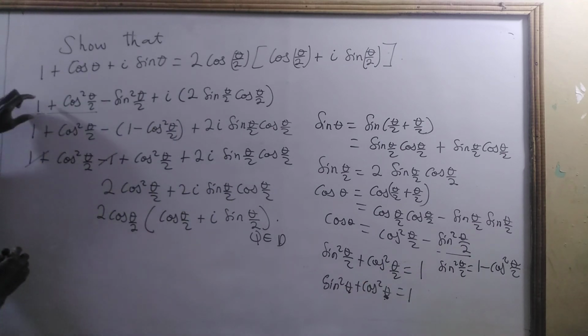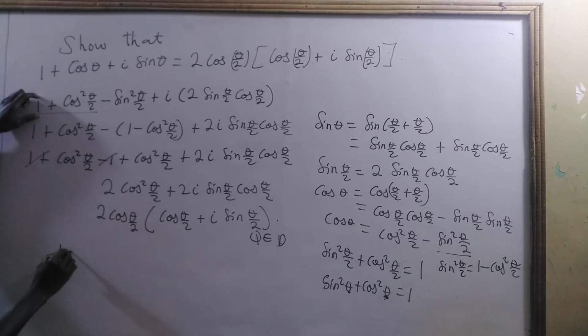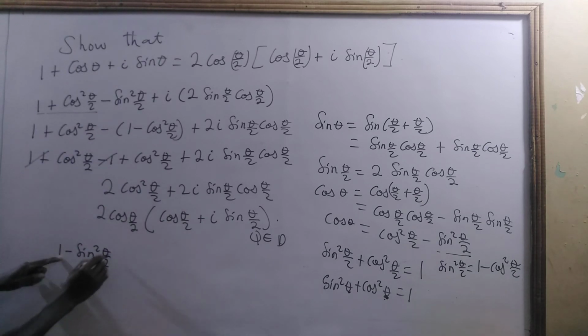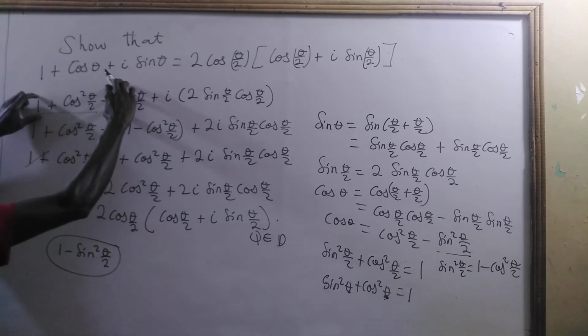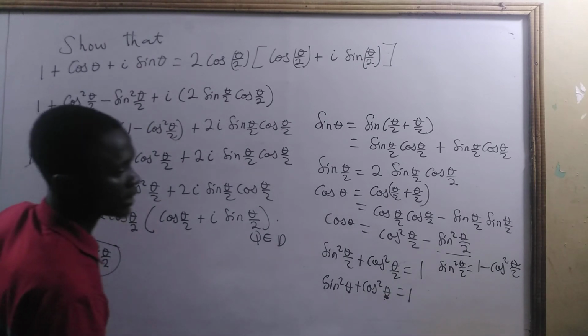Here you could have taken 1 minus sine squared theta on 2 without substituting this one. That is what we did here.